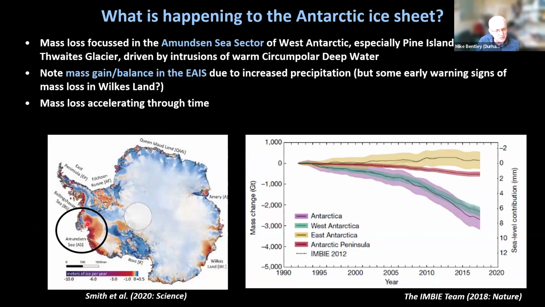So a site over here is losing 10 meters of ice per year consistently for some decades. Where you see the slightly brighter color, you're getting very, very slow accumulation or thickening of the ice, but at much lower rates, less than half a meter per year over parts of East Antarctica.